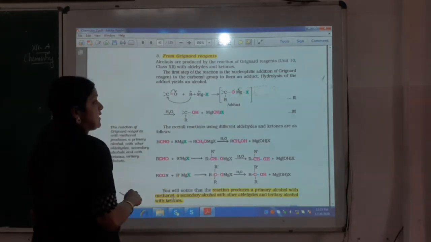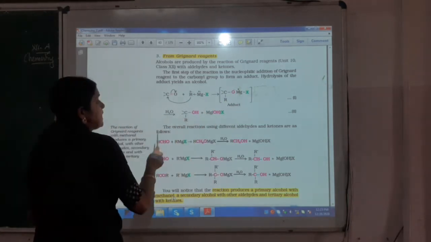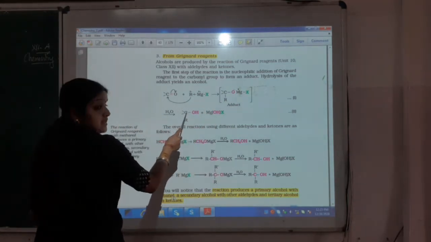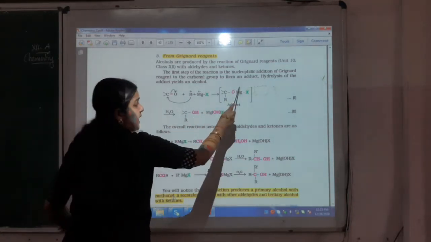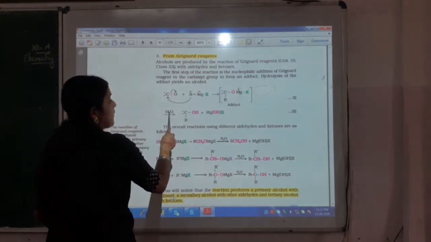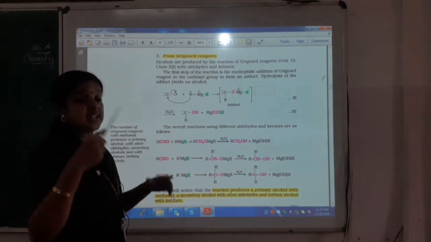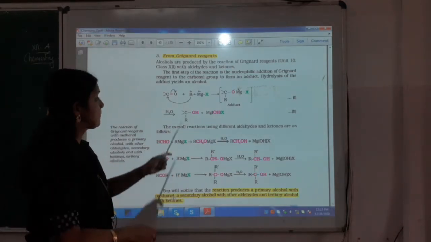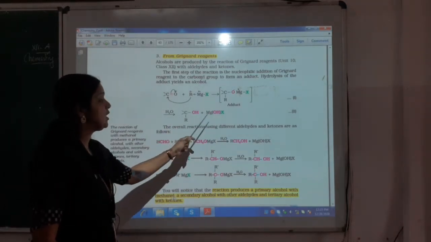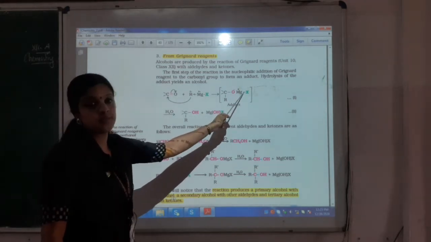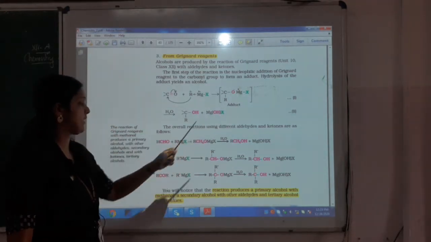Which on hydrolysis breaks up. So you get this C, this OH, that is Mg breaks. H2O breaks as H plus and OH minus. H comes and attacks with oxygen, OH goes into my MgX part. So you get MgOHX.